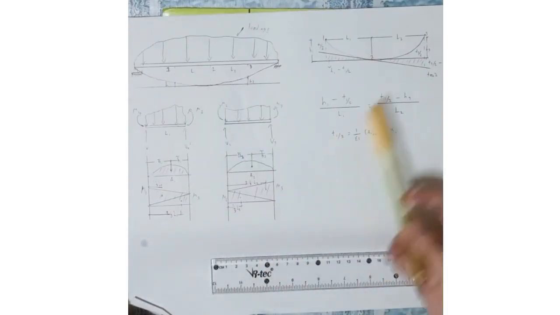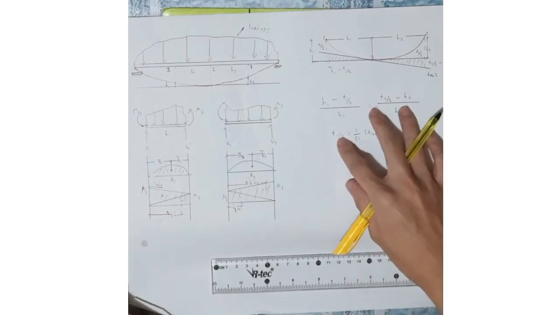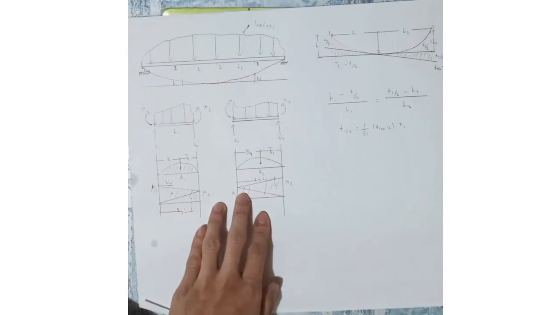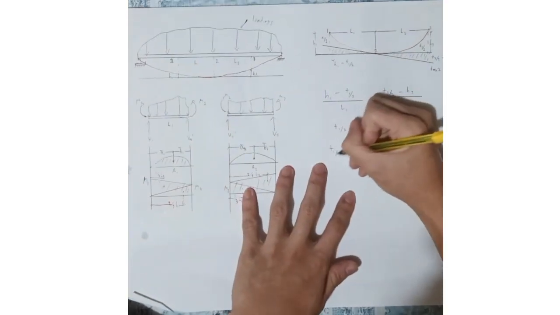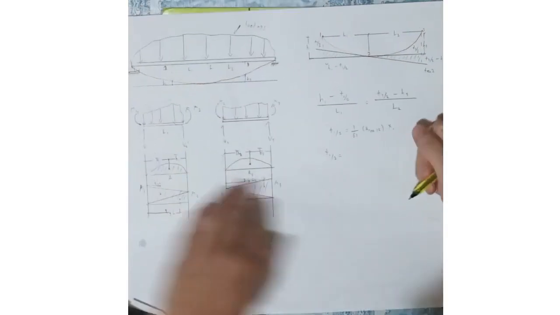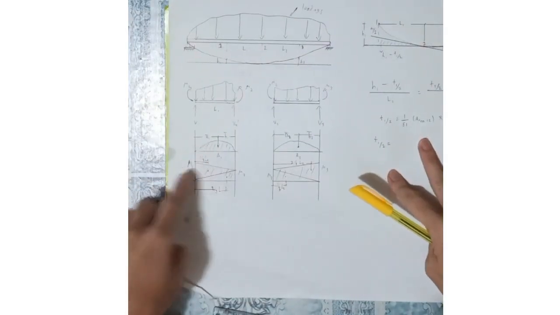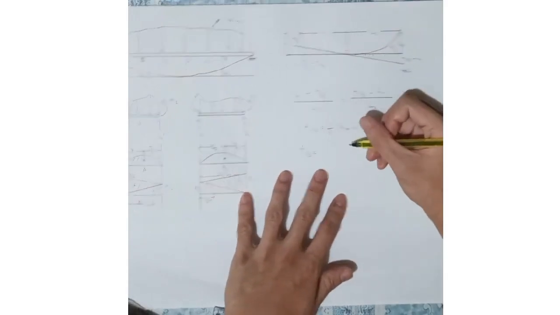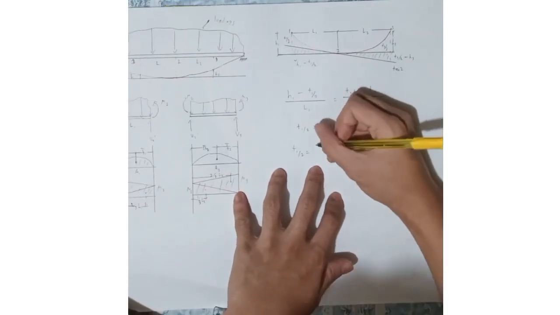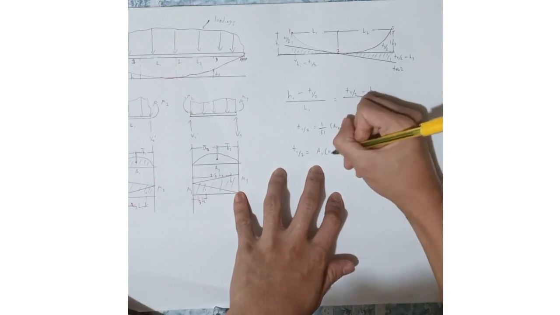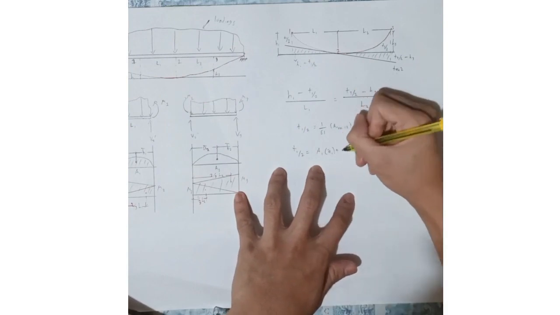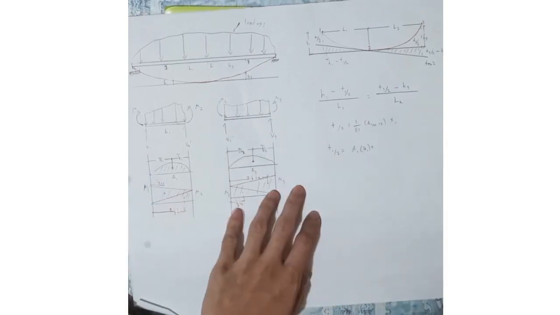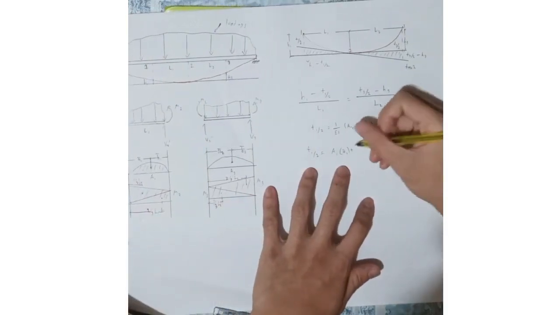so paano to, the rotation of division 1 due to 2. So dua ka buo, 1, 2, so multiply lang these two, area 1 and a bar 1, 1 times EI power 1 plus this one, dalawang triangle.